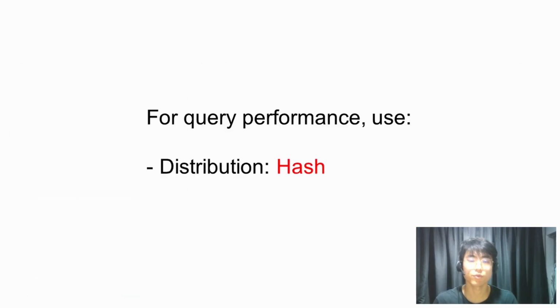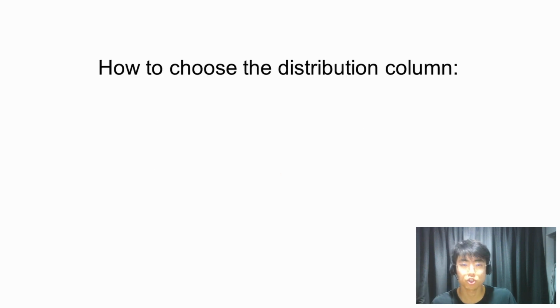We've discussed before that the distribution that optimizes the query performance is the hash distribution. So that narrows down our options to either B or D. And the only difference between B and D is which column the distribution is applied on. So there are 3 recommendations from Azure to decide which column to apply the distribution on.